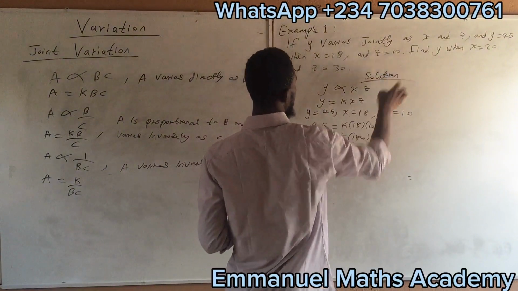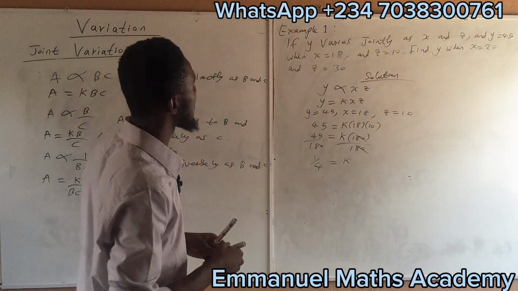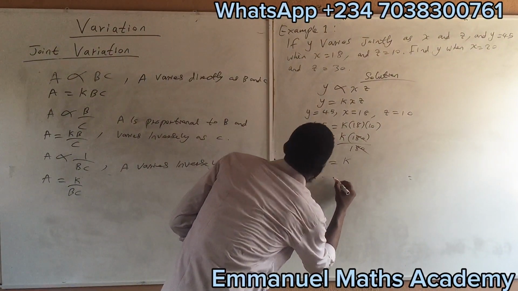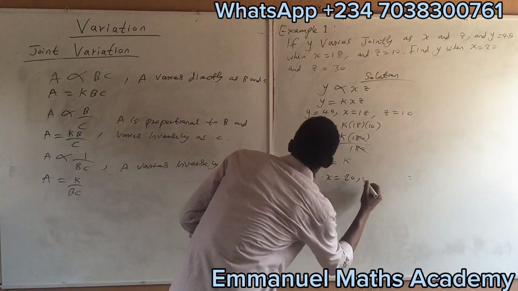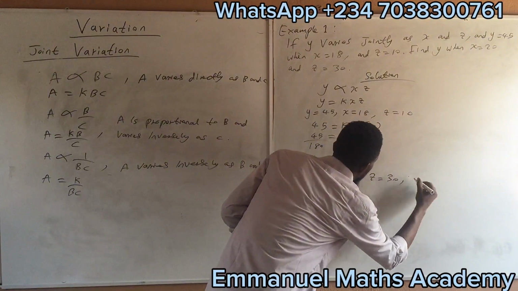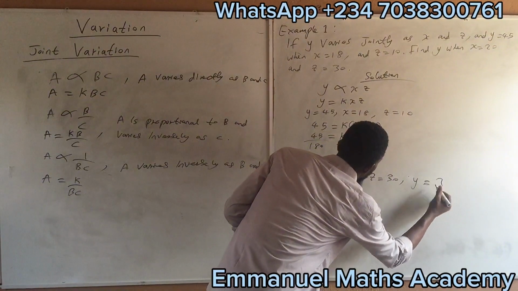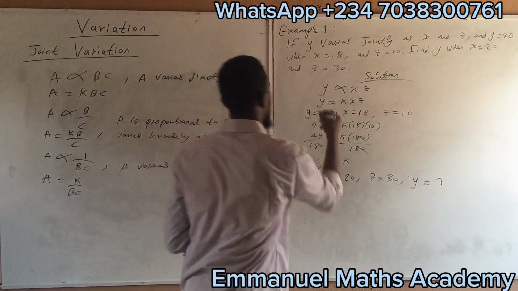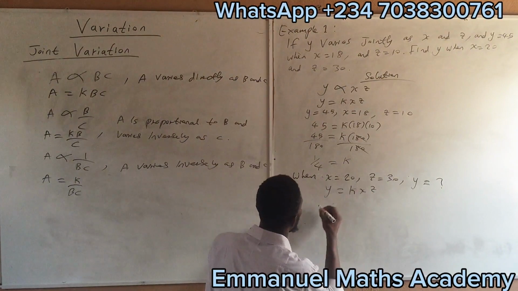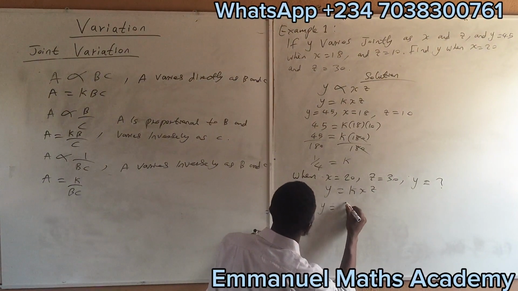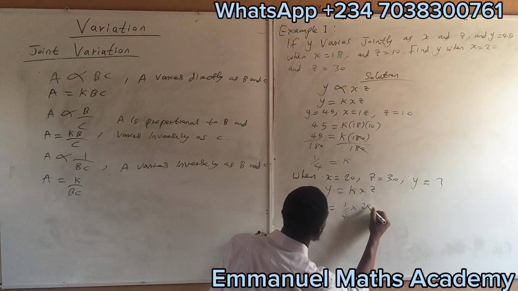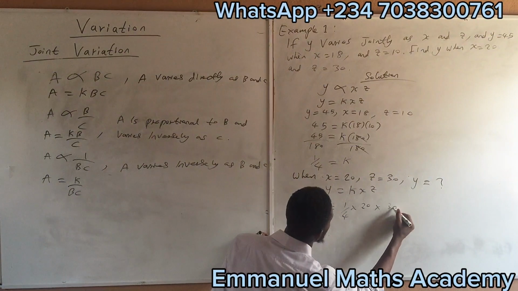The next part says find Y when X equal to 20 and Z equal to 30. This means that when X is equal to 20 and Z is equal to 30, our Y is not known. Is that correct? Now from our equation which says Y equal to KXZ, we have that Y is equal to what? Our K is 1 over 4 times our X, which is 20, times our Z, which is 30.